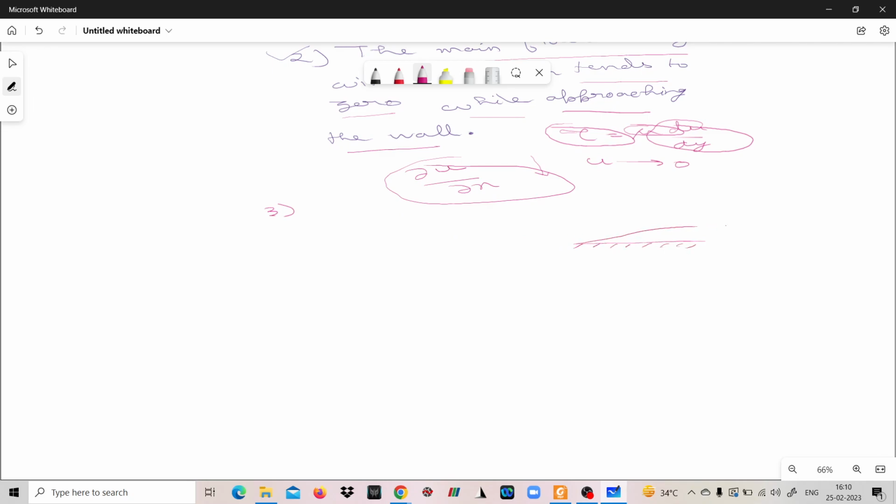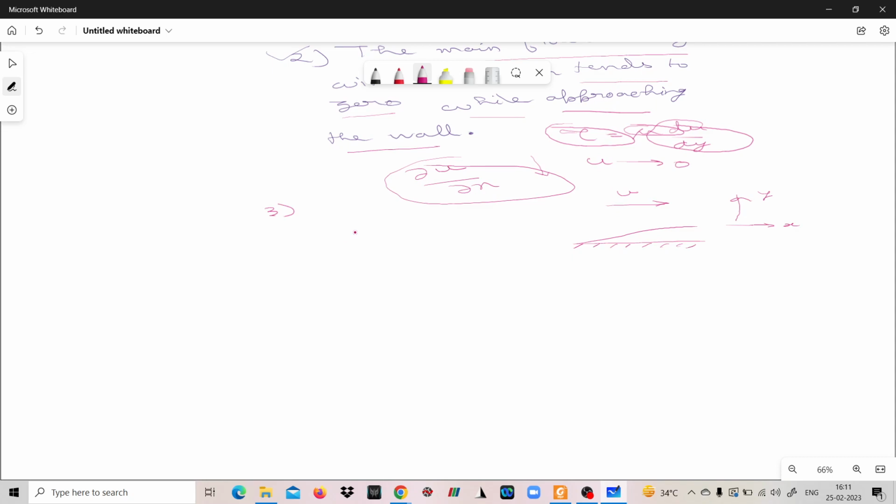Say this is our x direction, this is our y direction, and this is our main flow direction. The velocity in the main flow direction we are symbolizing using small u.